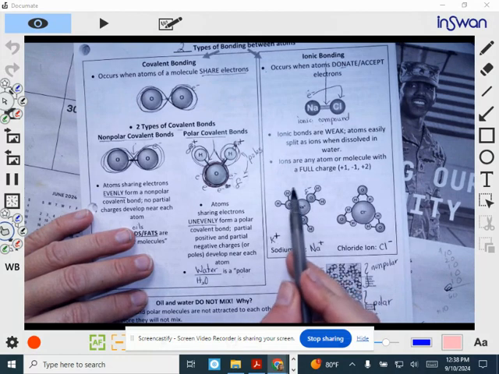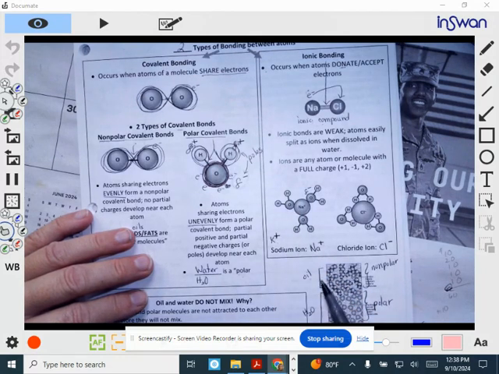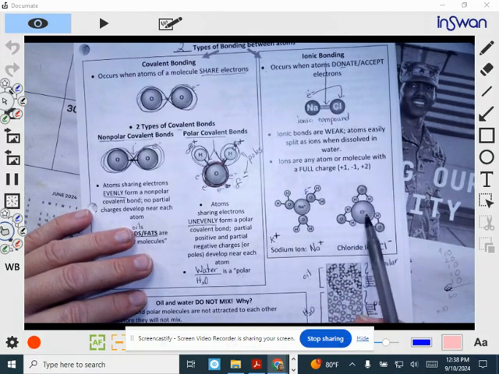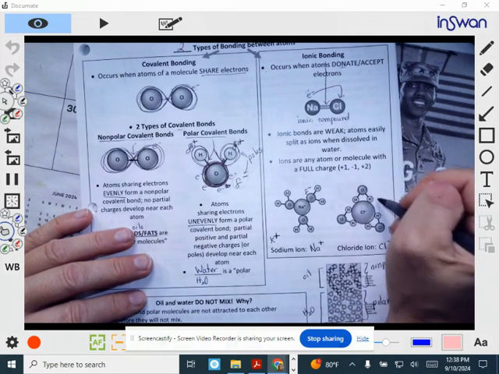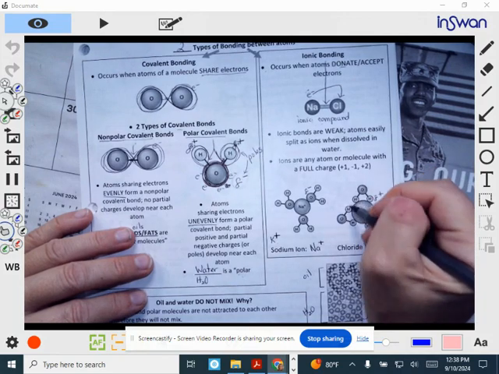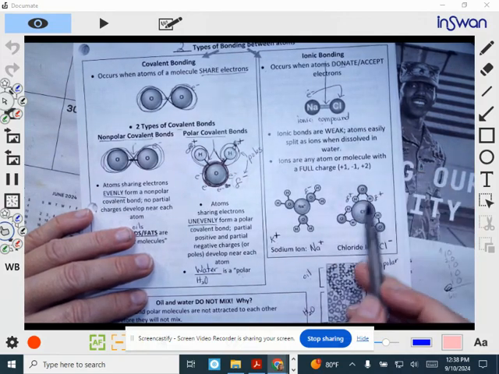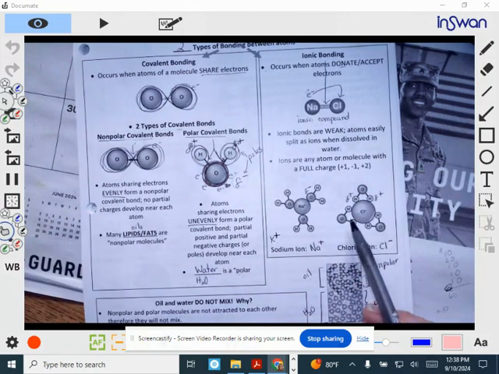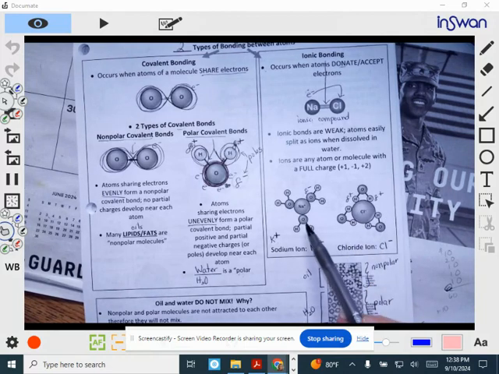So you can see these water molecules surround the sodium ion. Over here, this chloride ion has a negative charge, so water is attracted to it. Now, not all of the water, but those partially positive hydrogens will be attracted to that negative chloride ion. So water molecules will surround the ions of ionic compounds, and this is the reason why they are dissolved in water.